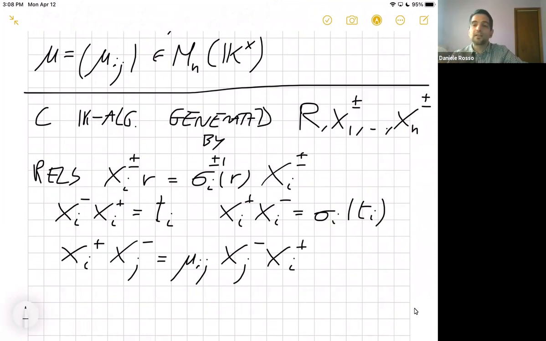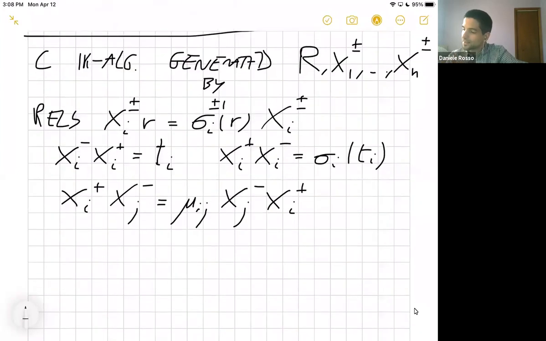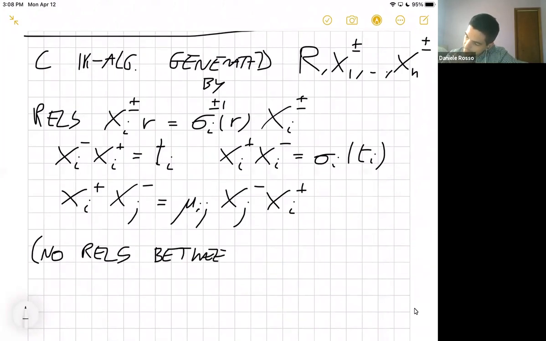Okay, so the definition with these relations and generators gives me an algebra I call C. This is not the algebra I want. If you notice, I've not put any relations between x_i plus and x_j plus.